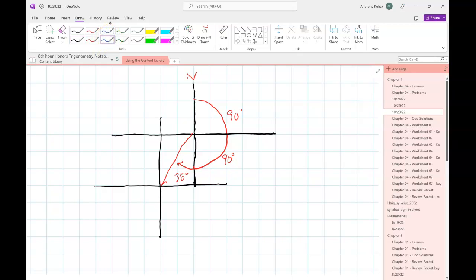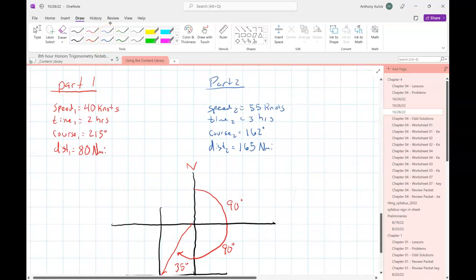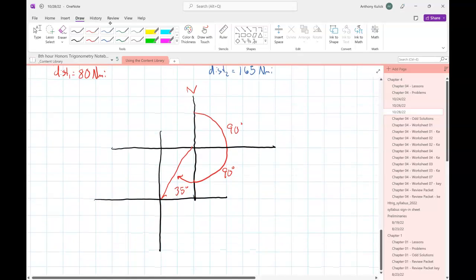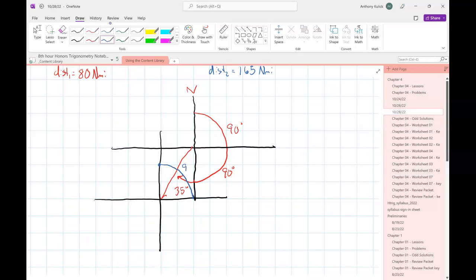I'm going to draw the second leg of my journey where I'm going to go 162 degrees. So that's 90. And then like 72 more. I'll make that a little bit longer. Everybody's okay with that?